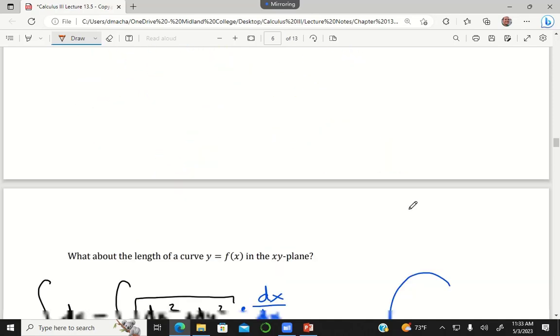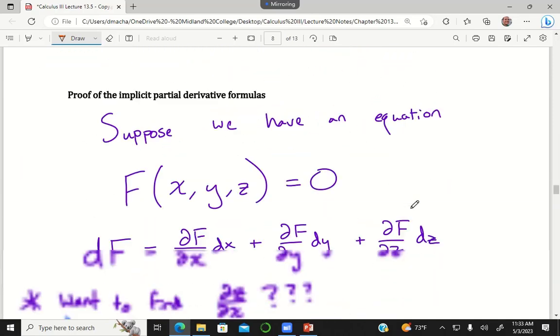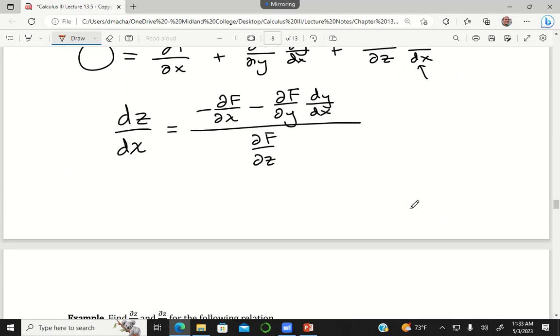Now that you remember that, I want to look back here and say, this is the total derivative of z with respect to x. So there's going to be part of this that's the partial derivative of z with respect to x, and then another part that accounts for the indirect influence we get when we change x from other variables like y, for example.